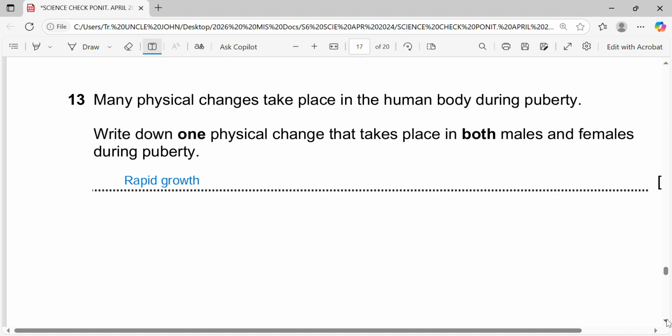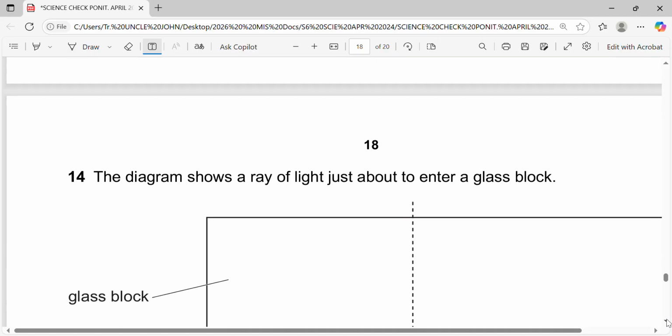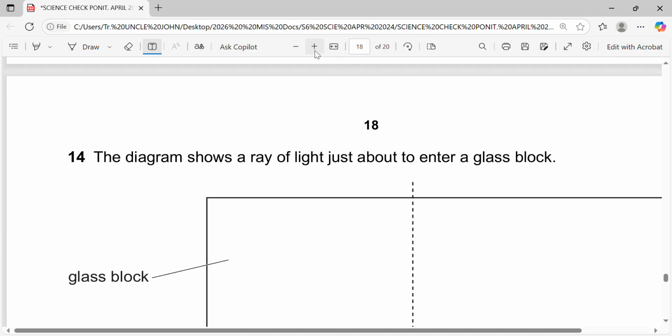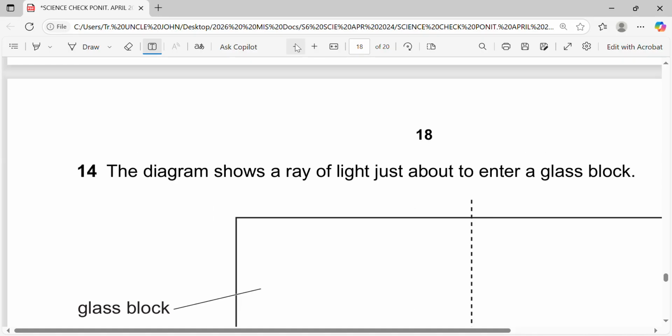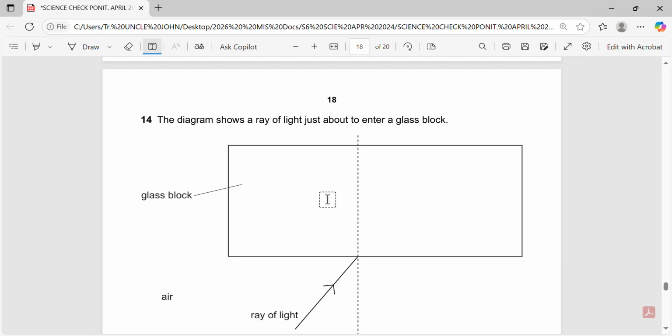This is a physical change that is so rapid. Oh, sorry. This was number 13.